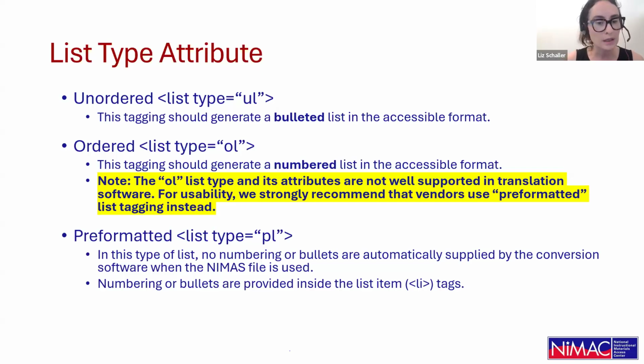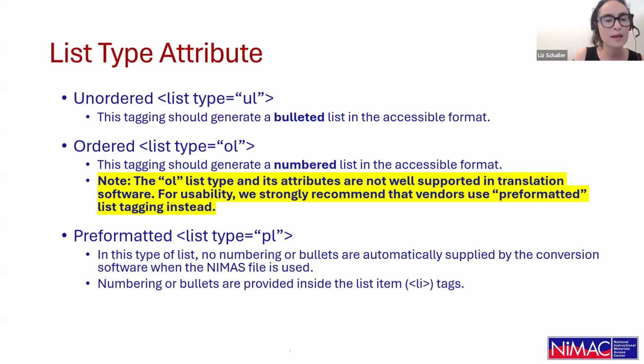So for usability, we strongly recommend that vendors use pre-formatted list tagging. And I think over the last year or so, most folks have adopted this as a best practice and are routinely not including ordered list tagging within your files. So we really appreciate that. And I'll show some examples here in a minute.